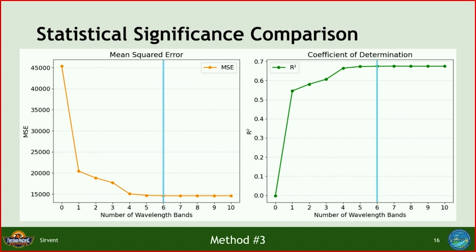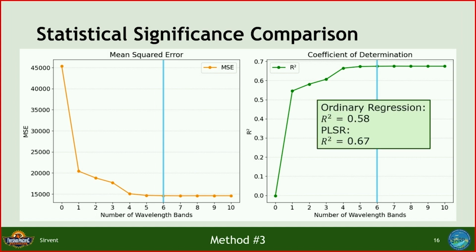But if you notice, there's this diminishing return at about 6 wavelength bands, saying that we need at least 5, but maybe not more than 7 wavelength bands. And so now if we compare the previous method, which is an ordinary regression, to this one, the R-squared improves dramatically, meaning that when we model our data on airborne data, we're going to use partial least squares regression.